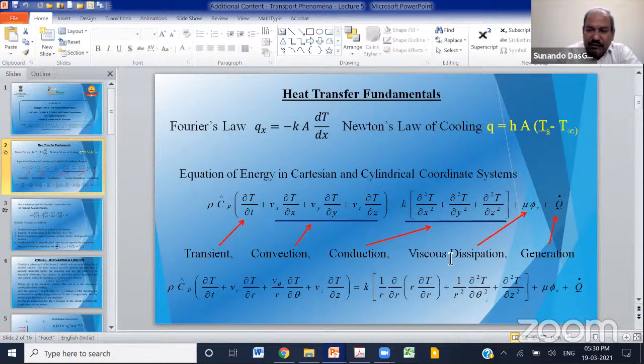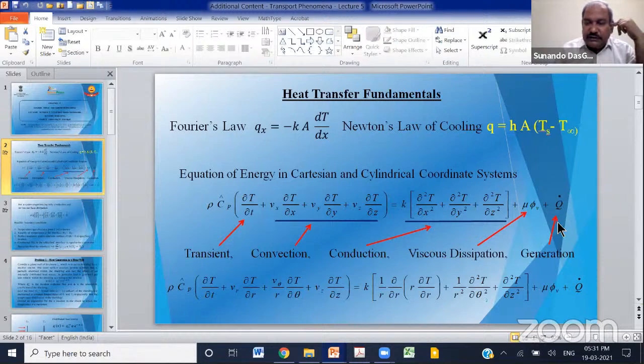We'll not talk about viscous dissipation much because they are specialized situations which appear only when the temperature gradient or the velocity is too large, which you may encounter for the case of re-entry of a rocket, where the viscous heat generation, the frictional heat generation, could be substantial. And Q dot is the generation of heat due to other means.